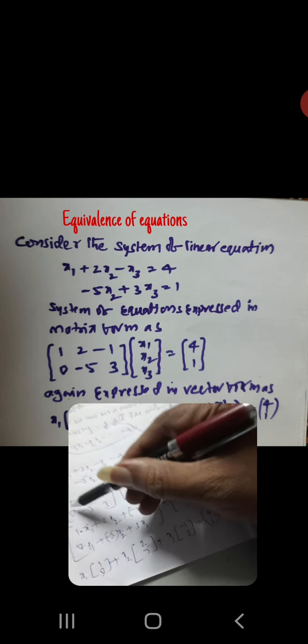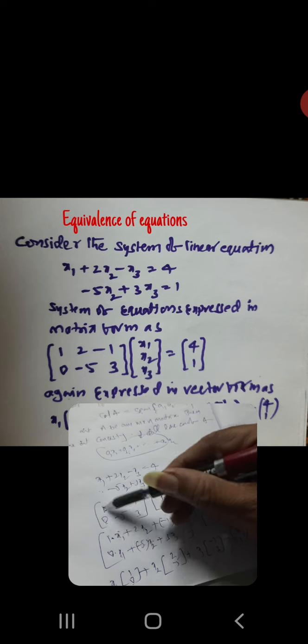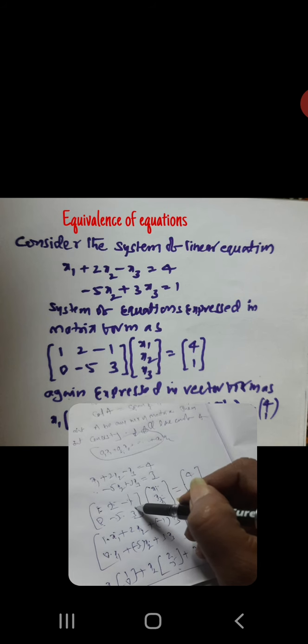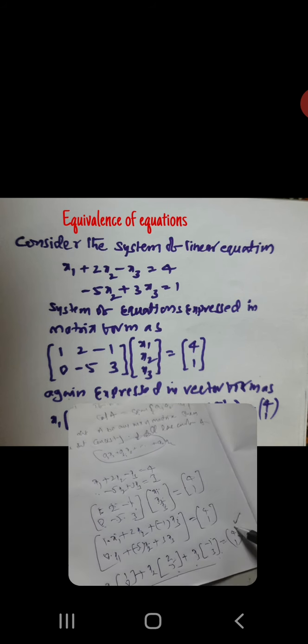This 4, 1 is a linear combination of the columns of the matrix A: 1 comma 0, 2 comma minus 5, and minus 1 comma 3. This is a linear combination of the columns of the matrix A. Now what about 4, 1?